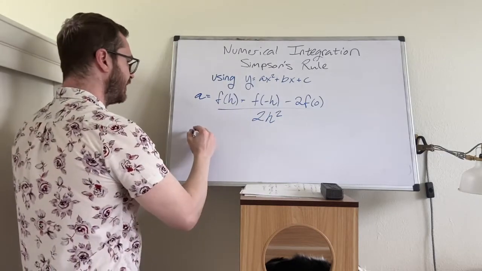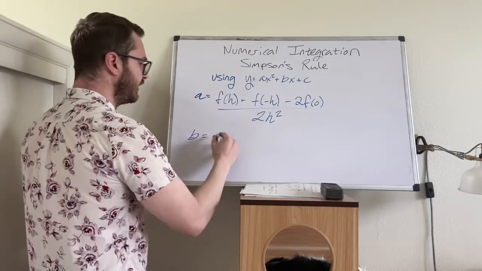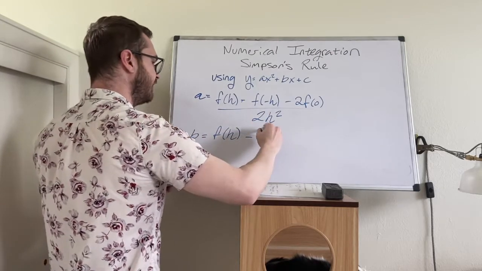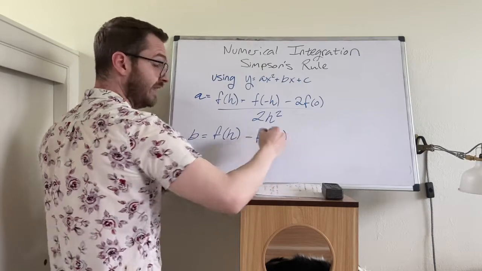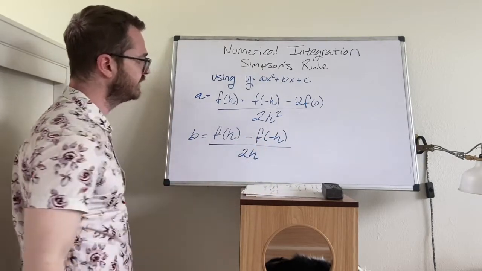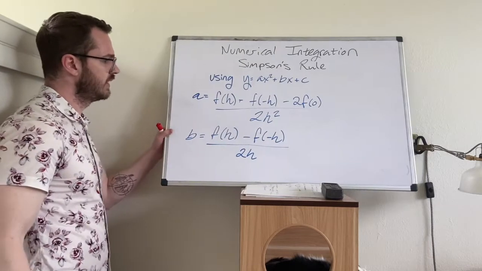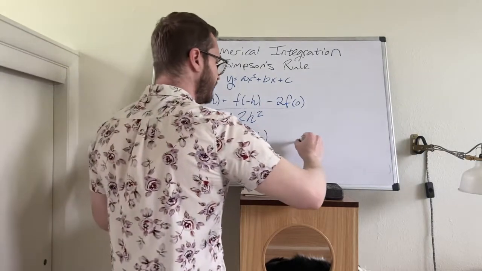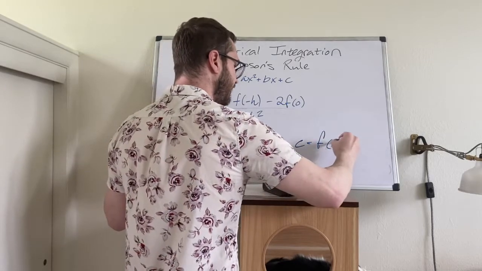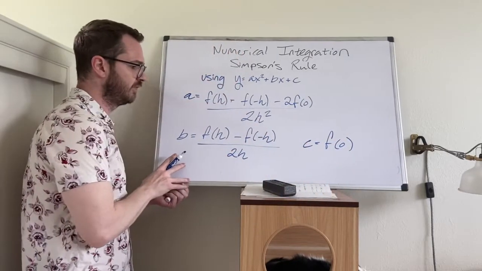Next one, b. B is going to equal f of h minus f of negative h, and this quantity divided by 2h. And the last one, I'll put it here in the bottom right, c. We had this one already. We have c is equal to f0.